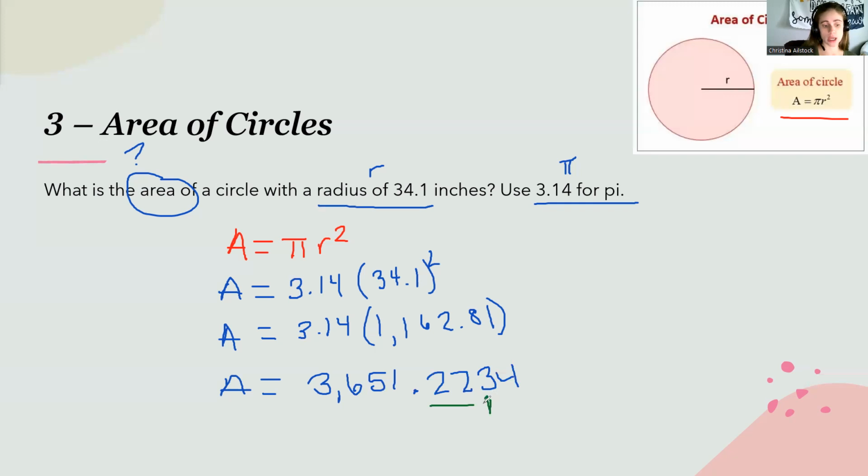So you're going to look at the third number, though, to tell you whether you round that up or down. And since 3 is less than 5, we're going to round our number down. So it would just stay 0.22, and then our label, let's see, we're working in inches, so it would be inches squared.